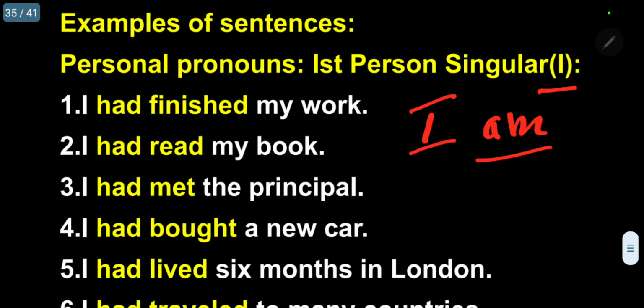That is one piece of information. Suppose it is past tense, so what do we have to use now? We have to use I was. Singular now. Kindly follow. So you must understand specifically.